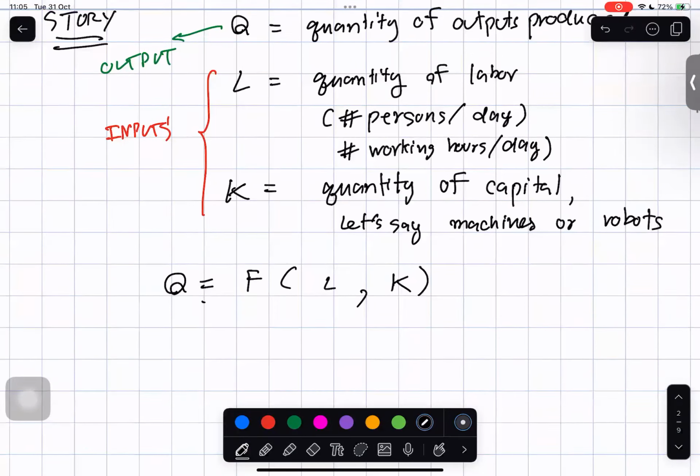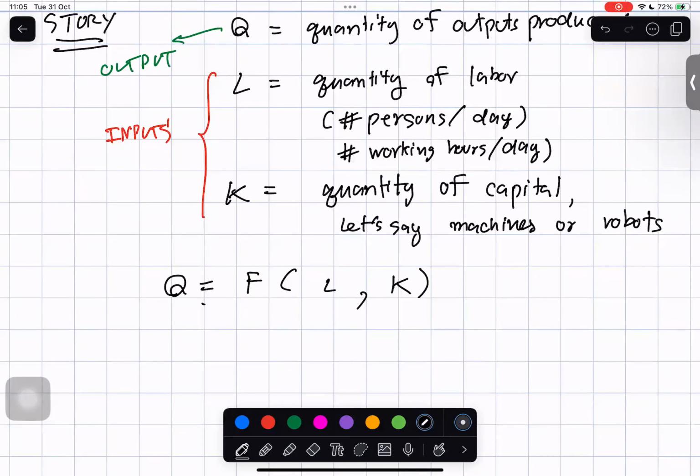So we write them in functional form, like y as a function of x. Q, number of cookies, depends on how many workers and how many machines that we use.